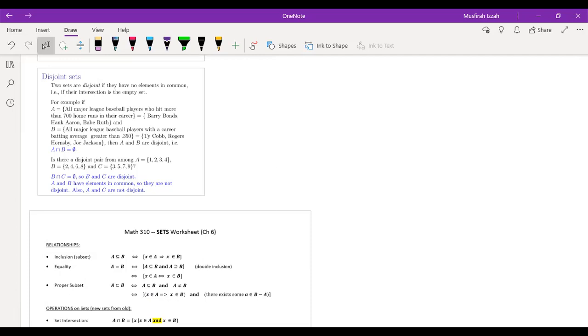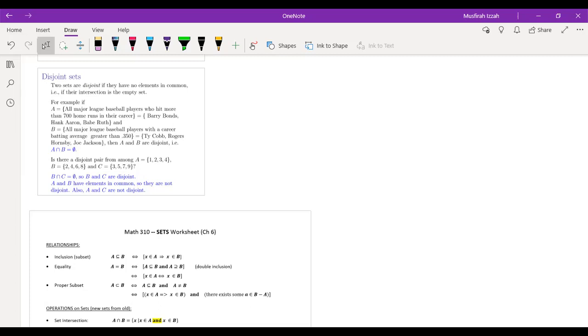And B, all Major League Baseball players with a career batting average greater than .350. So dengan Ty Cobb, Rogers Hornsby, Joe Jackson. Then A and B are disjoint. A and B sama dengan kosong.